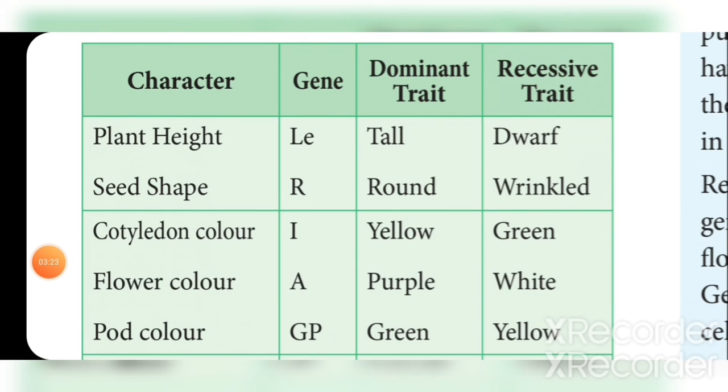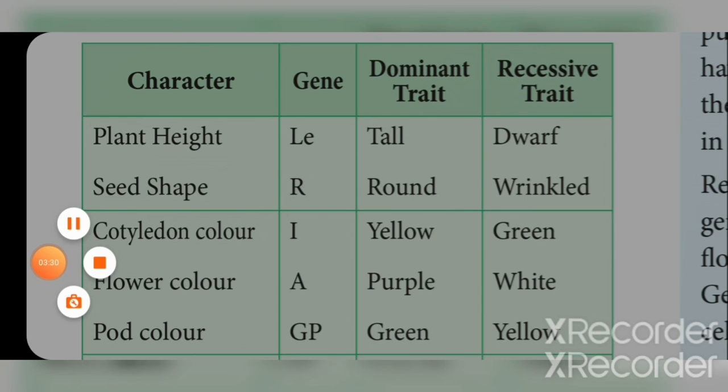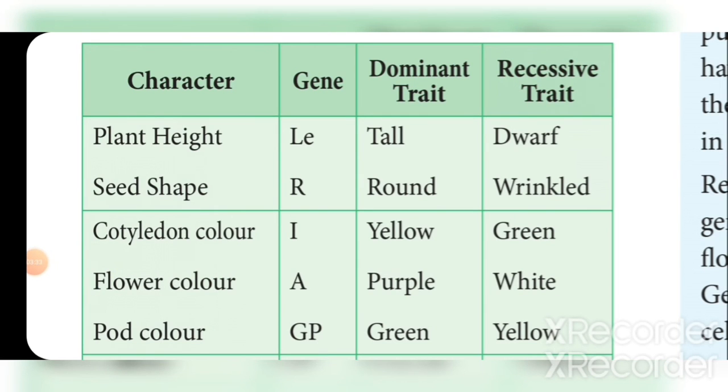Next we are going to see the 7 characters of Pisum sativum with genes.